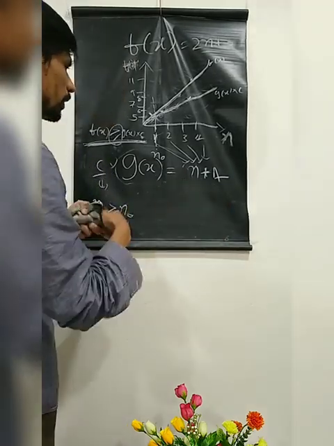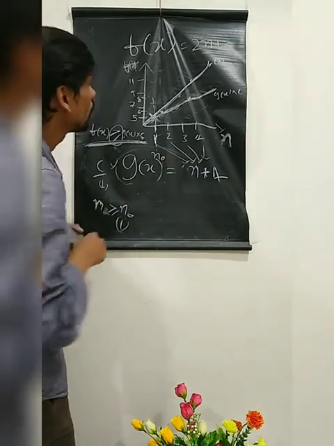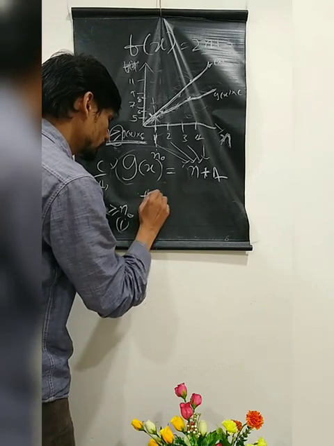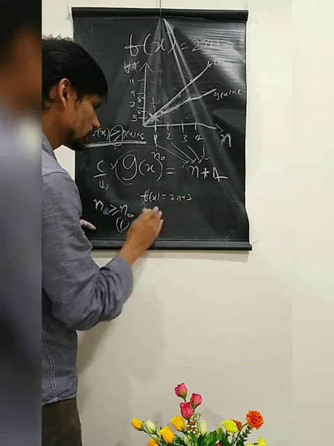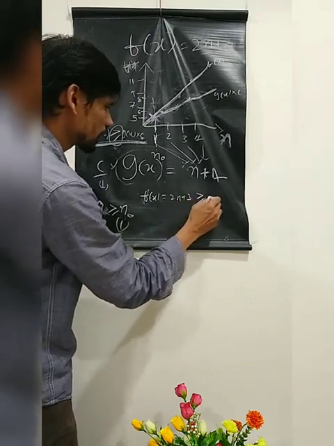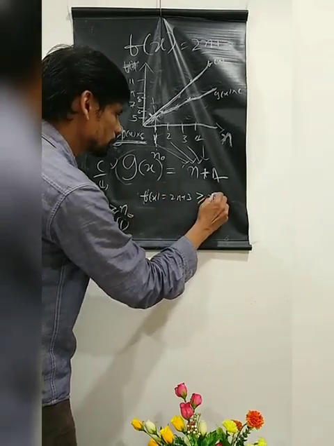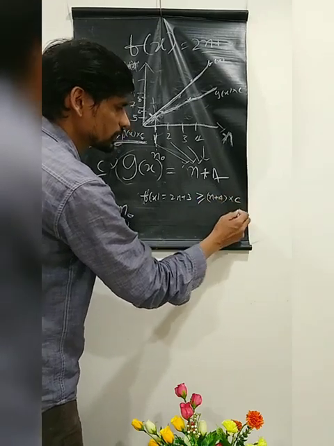Now, what is my f of x? My f of x equals 2n plus 3. Okay, so this is always greater than or equal to what is my g of x? G of x is n plus 4, right, multiplied by what is my c?